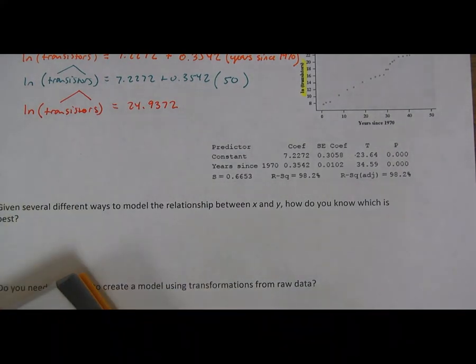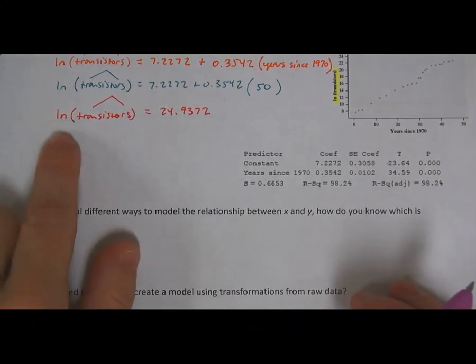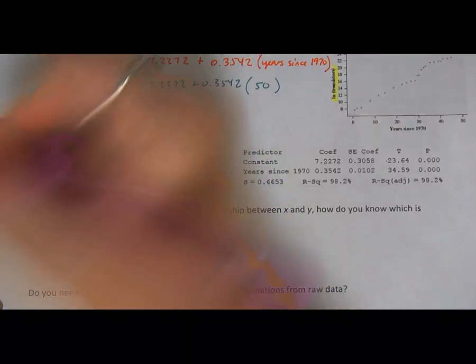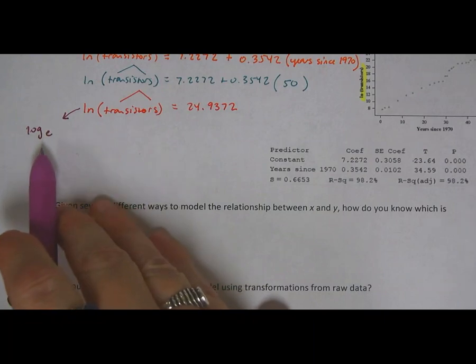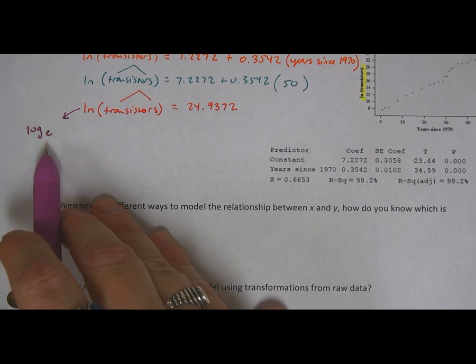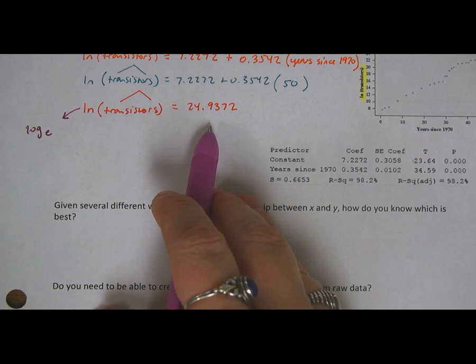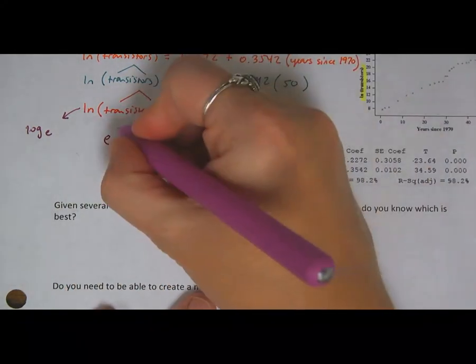And the reason I started class the way I did today is because I want you to understand again that natural log, that's the same thing as log base E. Log base E. Make a little note to yourself. So I'm going to be very repetitive here. The whole entire point of logarithms is to get the exponent alone. The base of the log is E. So E is the base of the exponent.